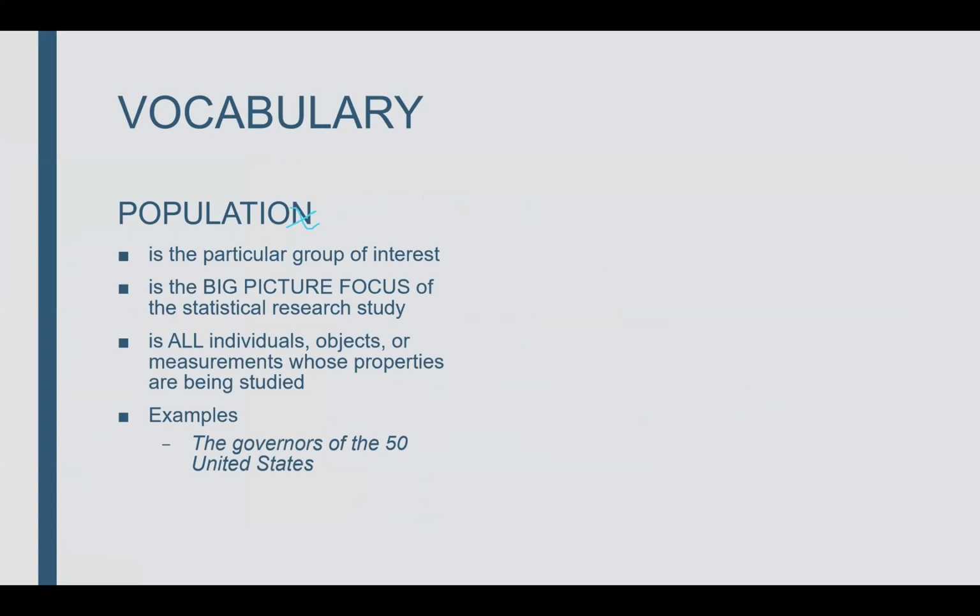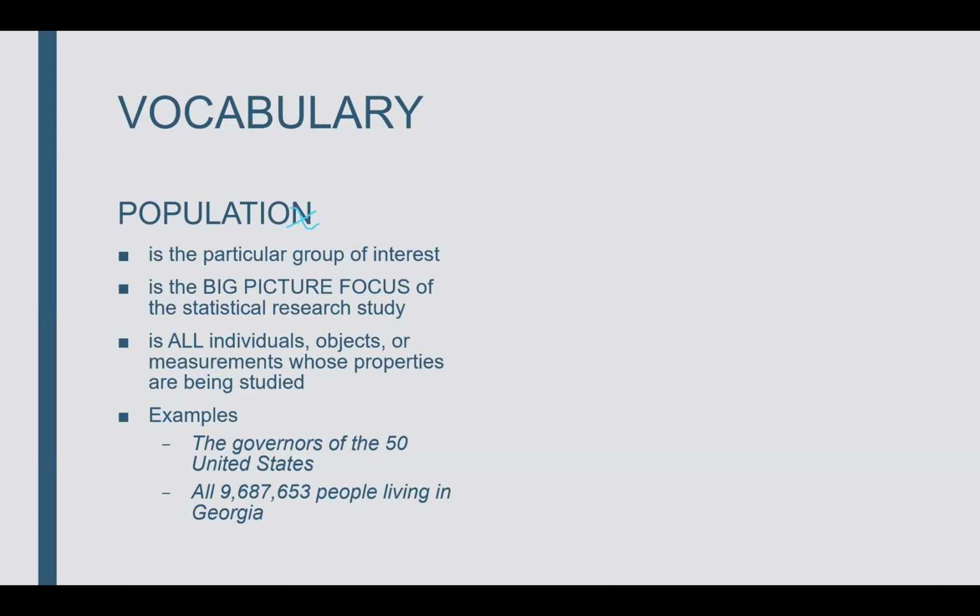So the governors of the 50 United States. Notice that particular description doesn't involve the word all, but it does say of the 50 United States, which has that connotation of being all the states. So that's a population.